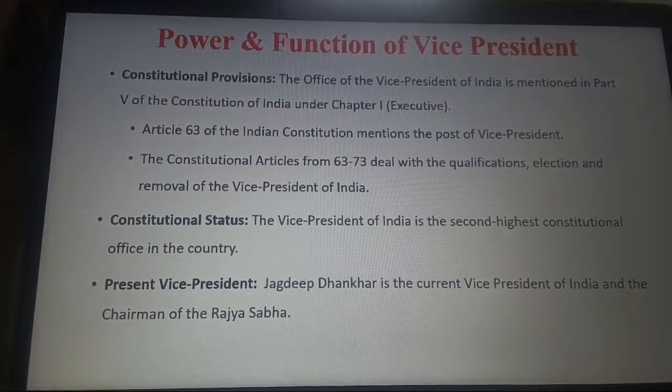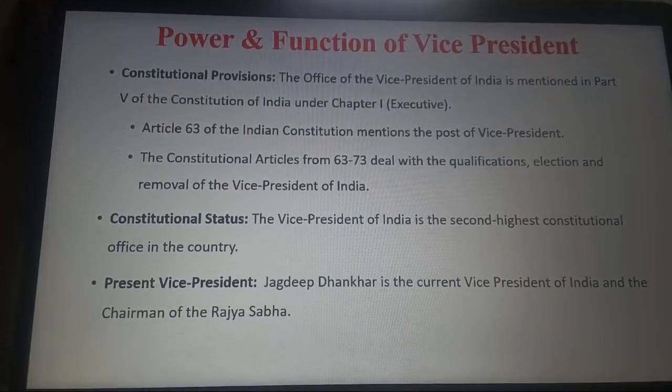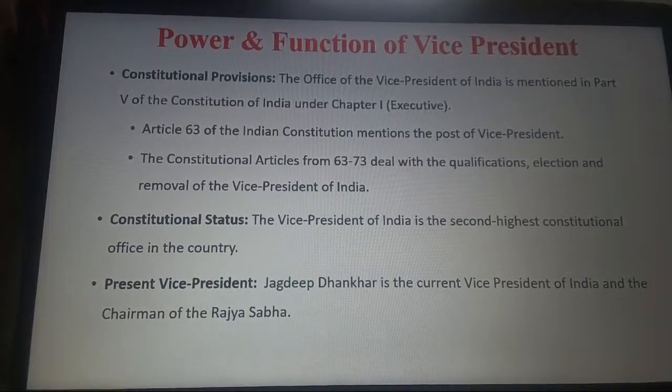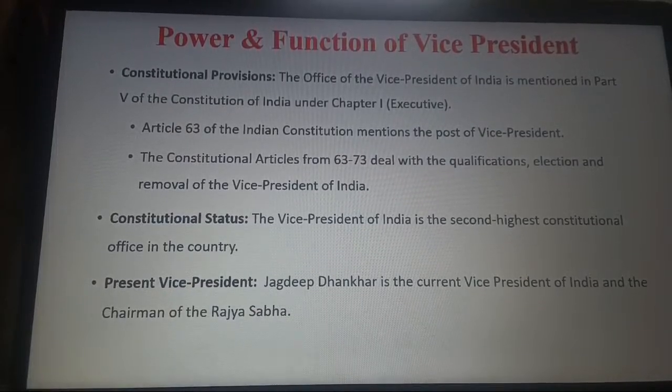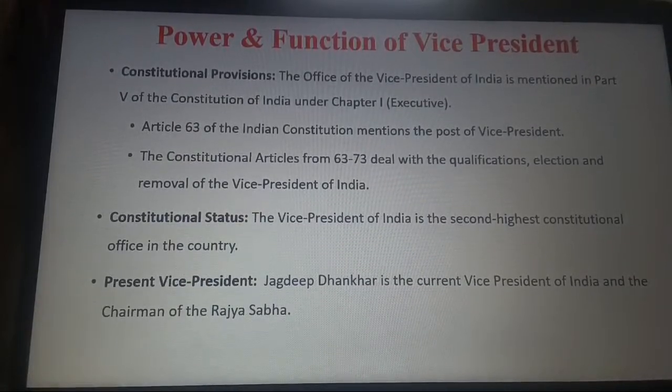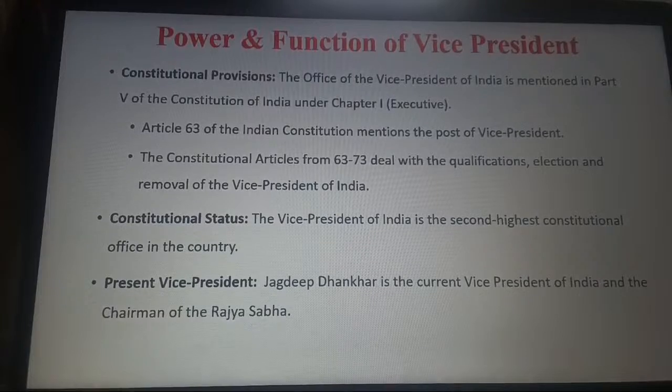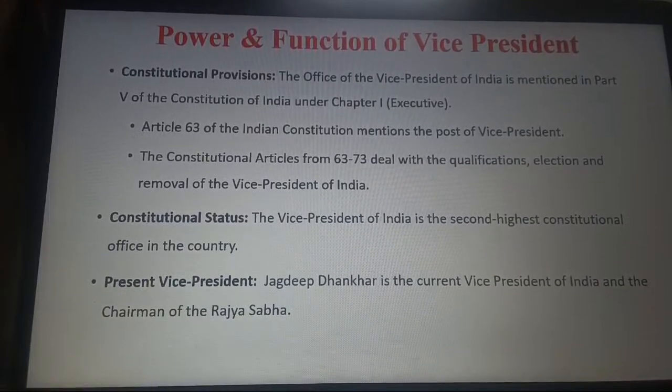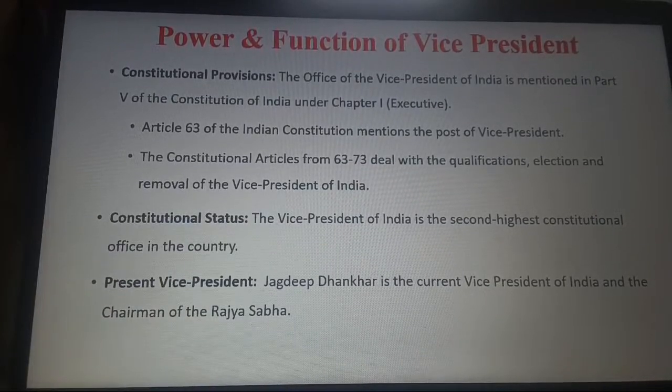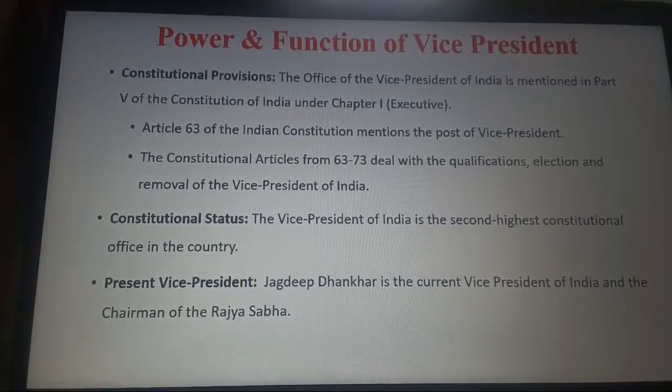Articles 63 to 73 deal with the qualifications, election and removal of the Vice President of India. Constitutional status: the Vice President of India is the second highest constitutional office in the country. The present Vice President, Jagdeep Dhankhar, is the current Vice President of India and the Chairman of the Rajya Sabha.